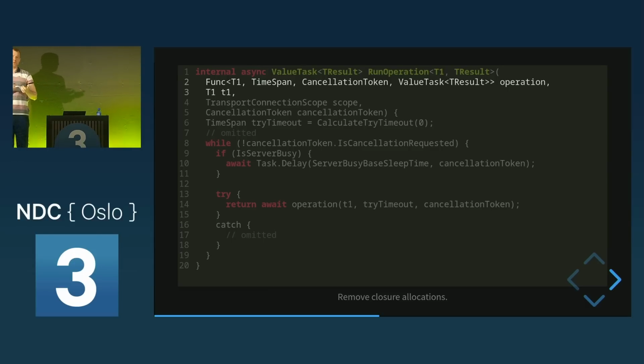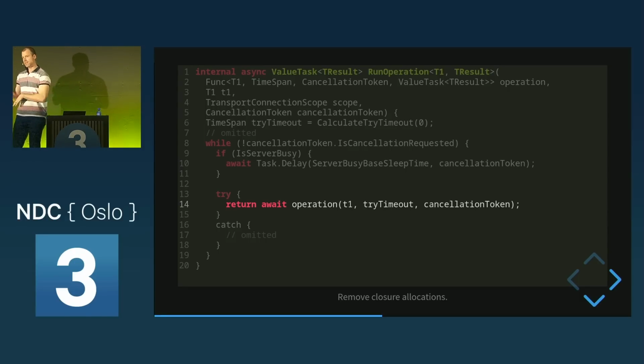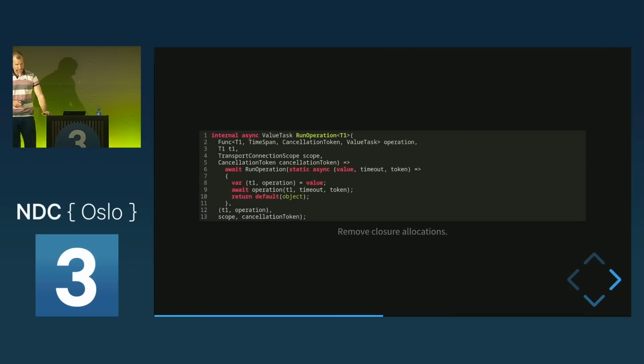Well, you can't use object, right? Because if you're passing an int, then you're going to be boxing the int to object, and then you get unnecessary allocations. That's why we use a generic here. And then we just pass the state that we got from the outside into this operation method with the cancellation token, the timeout, and everything. And that's basically the basic infrastructure thing that we have to have in place.